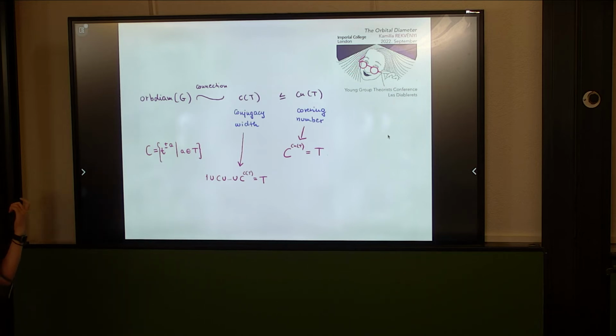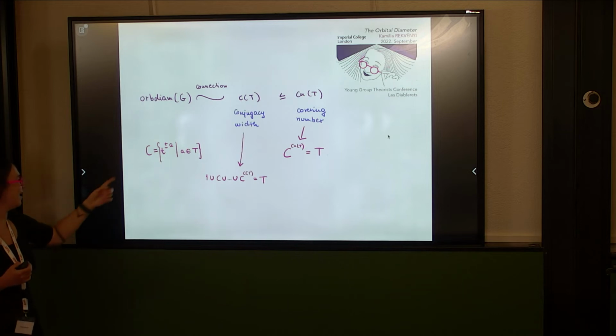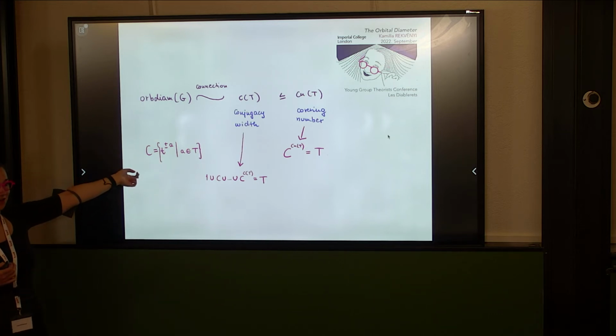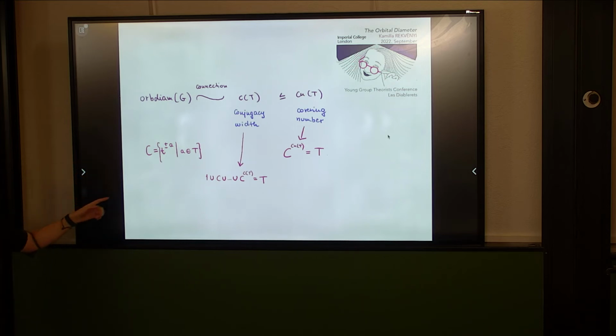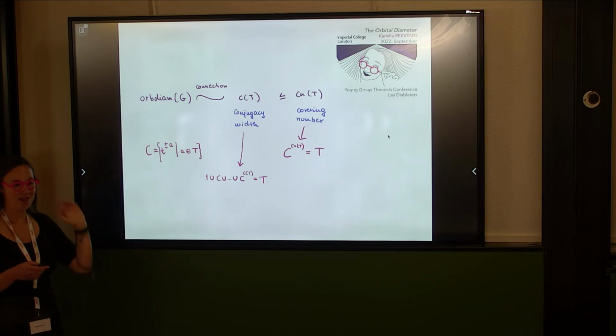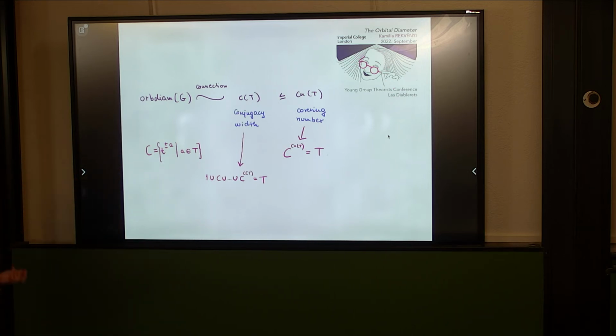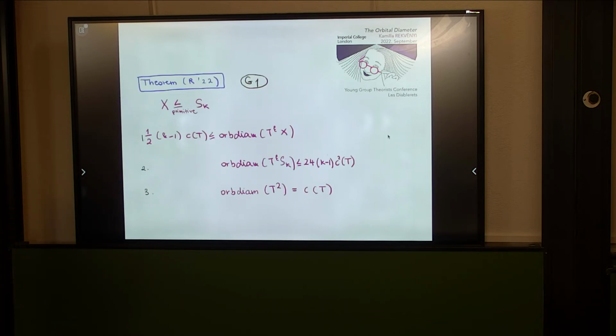And the conjugacy width is the smallest such number, so that if you take any conjugacy class and its inverse, so C of T and every conjugate of T and T inverse, then T is equal to {1} union the conjugacy class C to the conjugacy width. And then the covering number, we just have that C to the covering number is T. So obviously that's an upper bound. And that's something that people thought about more than the conjugacy width before.